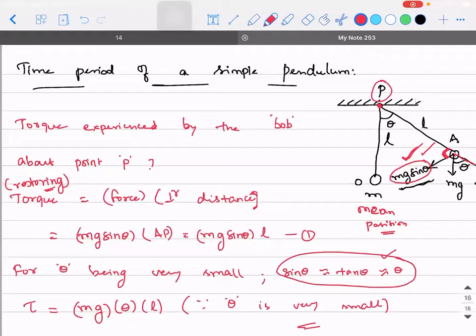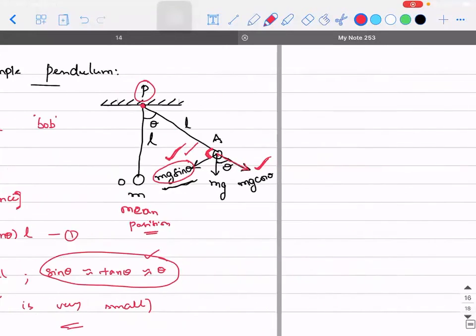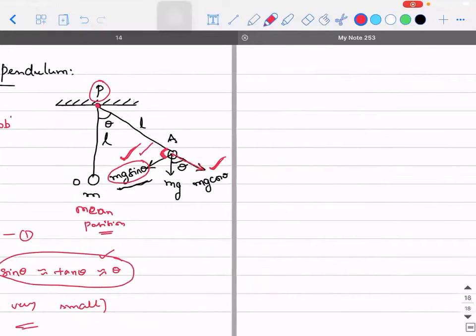You need to say that the value of theta is very small. The angle made by the pendulum with the vertical is small. Is it clear till this step, guys? Yes, sir. So what you got is torque is equal to mgl into theta.